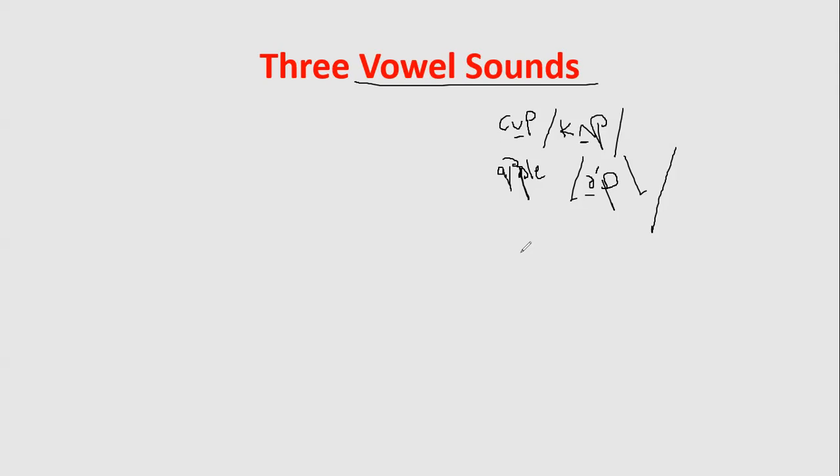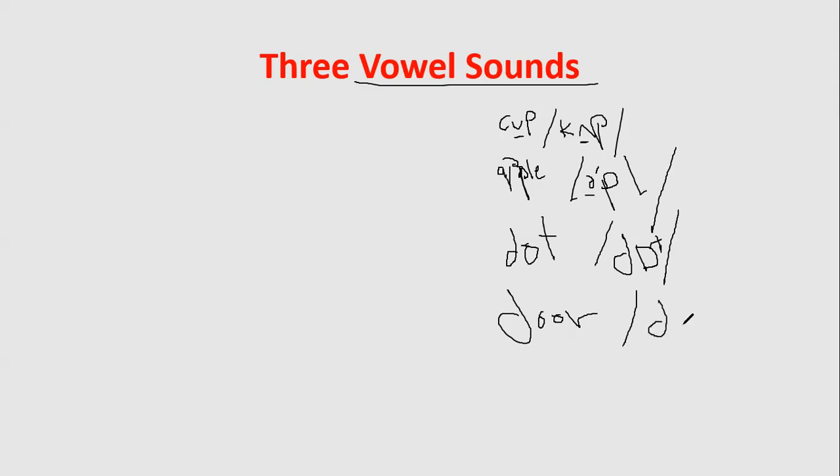Another example, when you say dot, D-O-T, this is also another vowel, and we write it like this in the IPA. And also when you pronounce the word door, D-O-O-R, it's also another vowel.